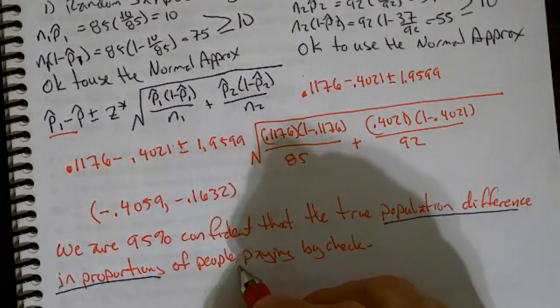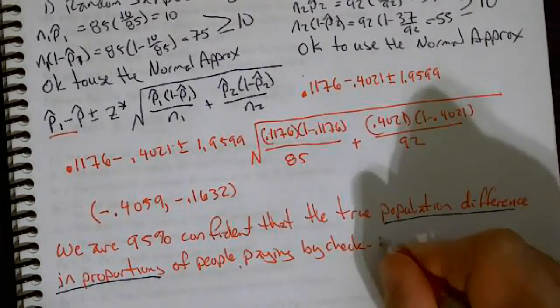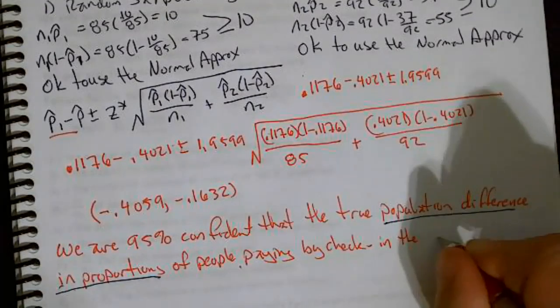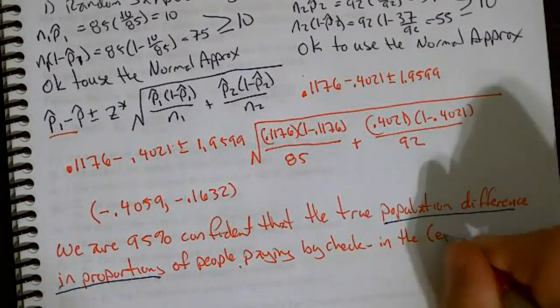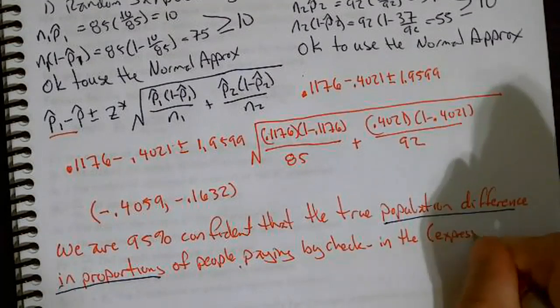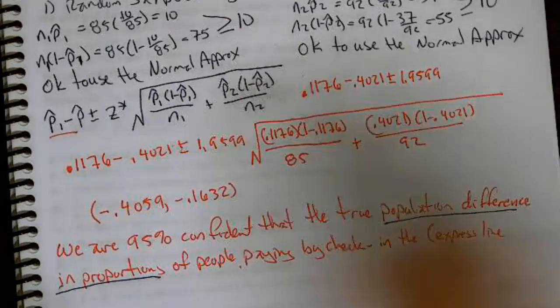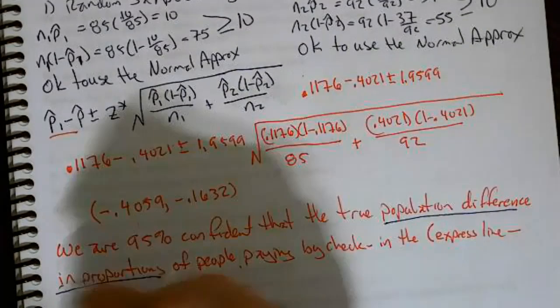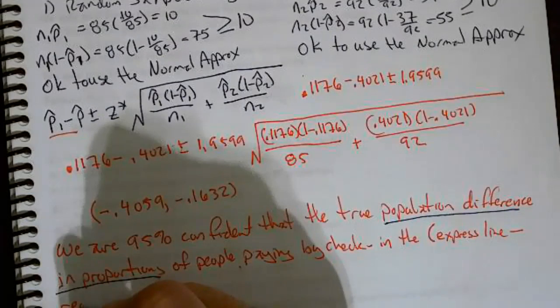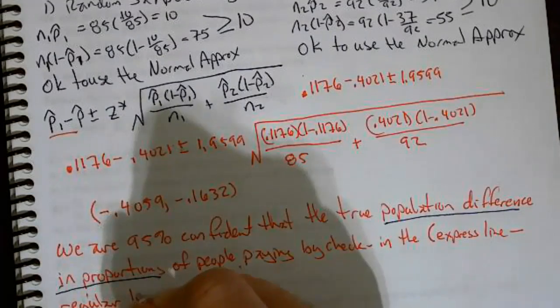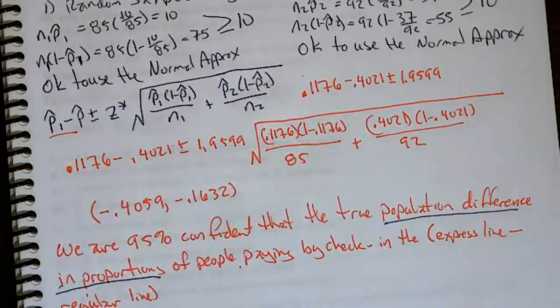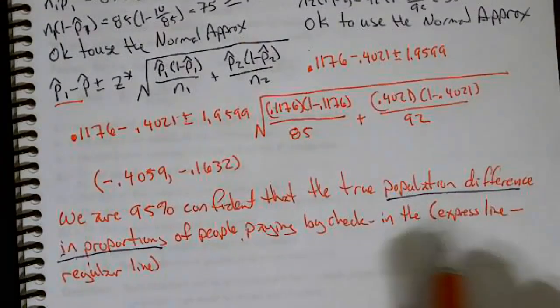This just came from our definition in the, this is really important. You're not going to like it, but express line minus the regular line. Because we have to say which order we subtracted.